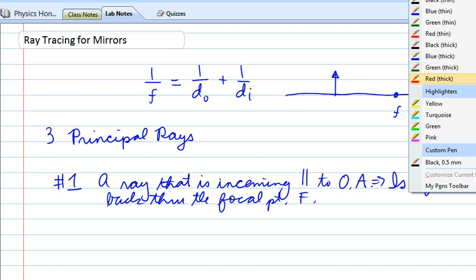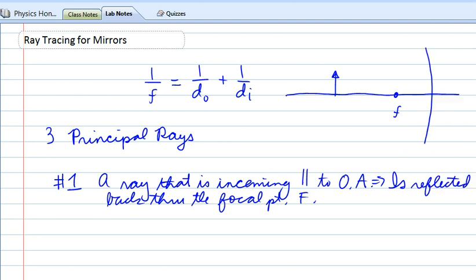Okay, so I'm going to do this first ray, and it's a ray that is incoming, so it starts here. It's incoming parallel to the optic axis, kind of like that.